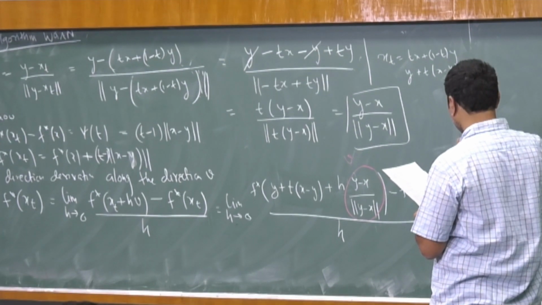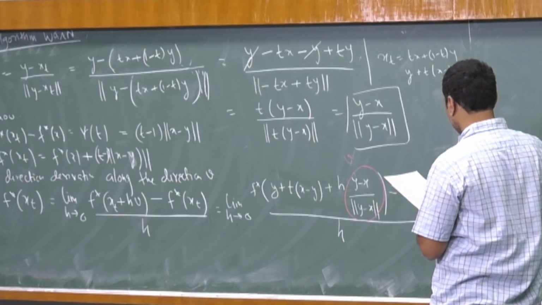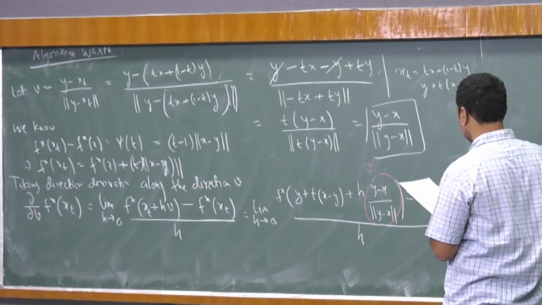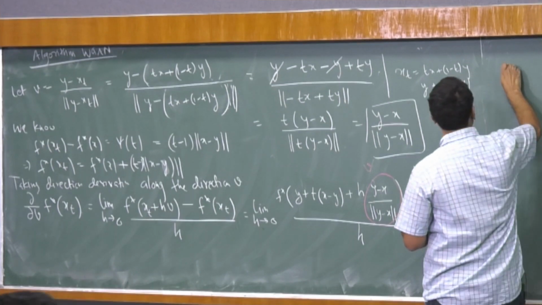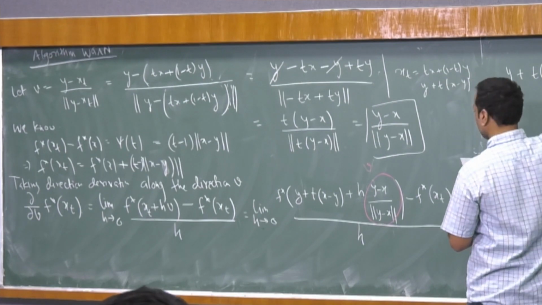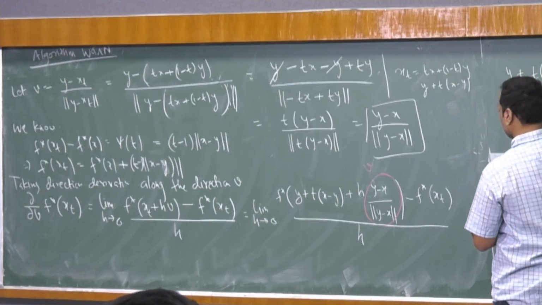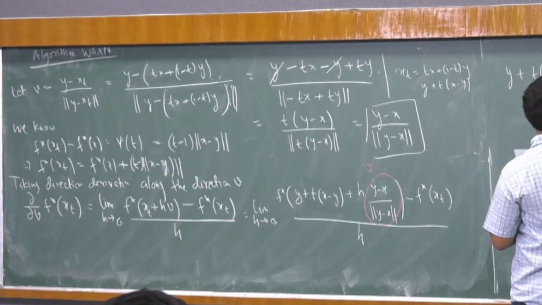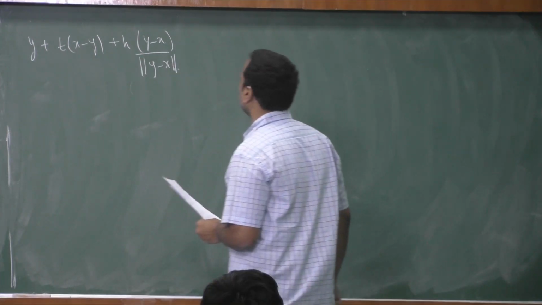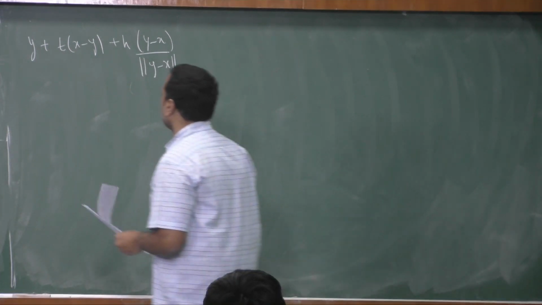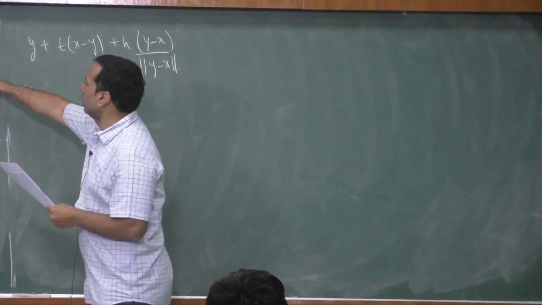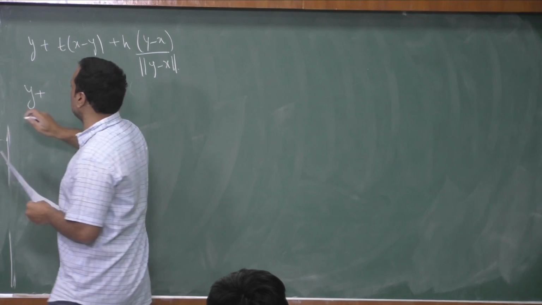It seems like I have to take y minus x common, and then I will see everything else as a t. So if I look into this, this is y plus t times x minus y plus h times y minus x by norm of y minus x. I will take x minus y common. Then x minus y is something I need, and everything else that is there will be taken as a t.